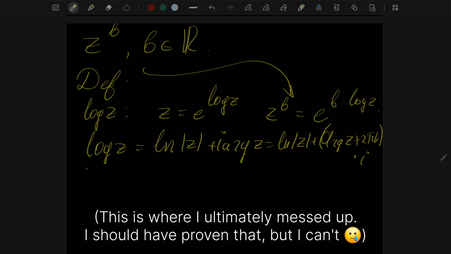Now, we also have the principal value of logarithm defined, and it is yet again a real logarithm of absolute value of z plus i multiplied by the principal argument of z.